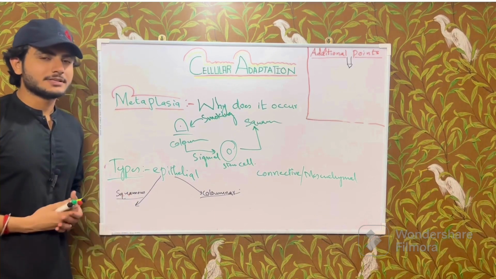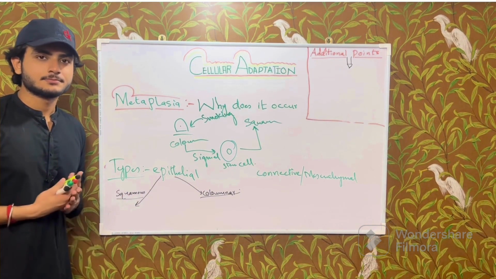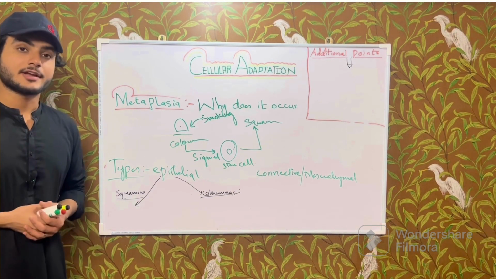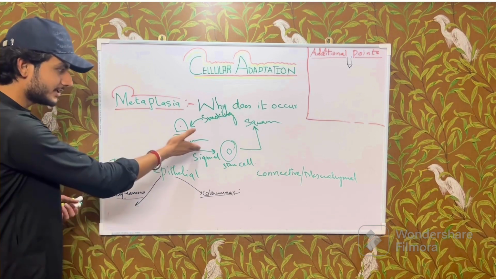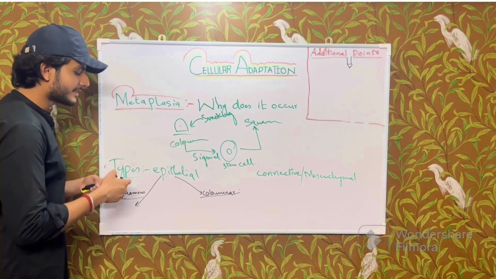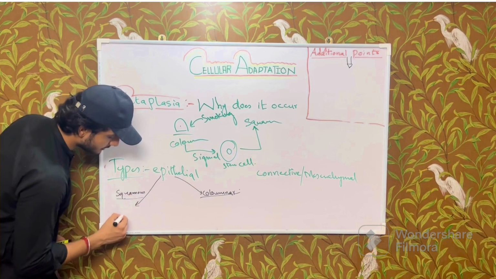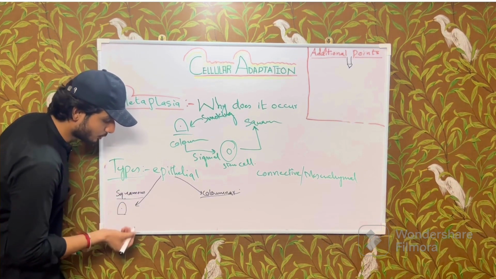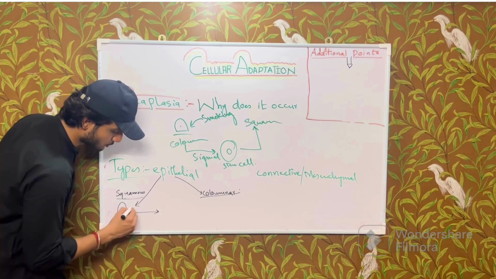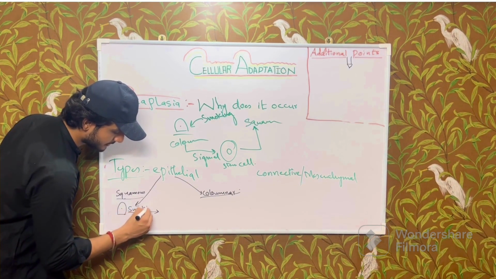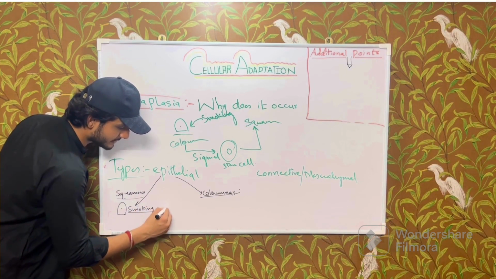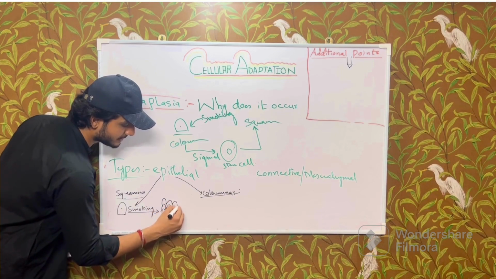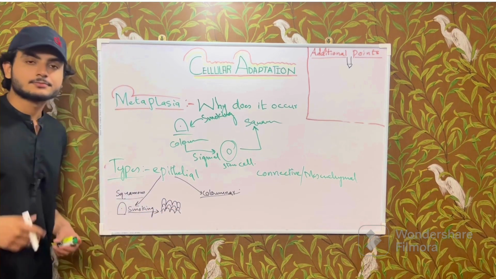The best example of squamous metaplasia occurs in the respiratory tract. How does it occur? We have already discussed, but let's talk about it again. The columnar cell of the respiratory tract, due to prolonged stress, which is smoking, gets converted into squamous. Now these squamous cells can withstand the impact of smoking.